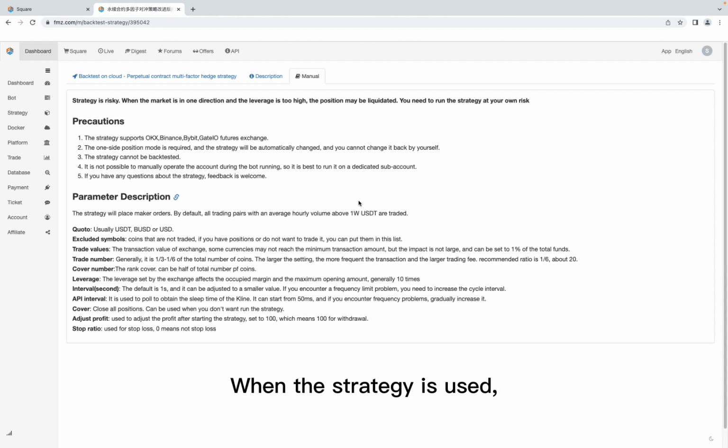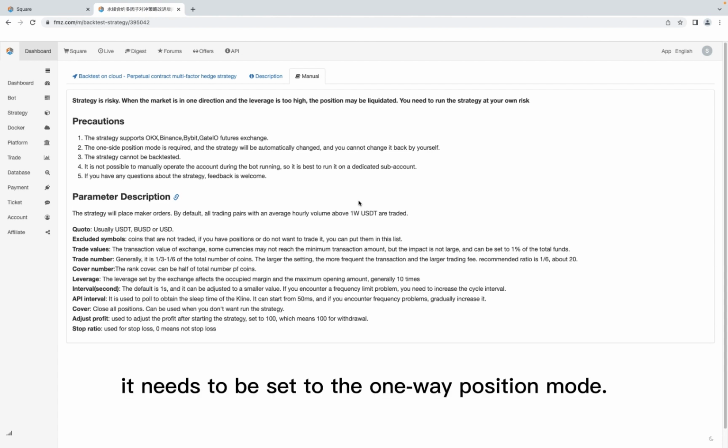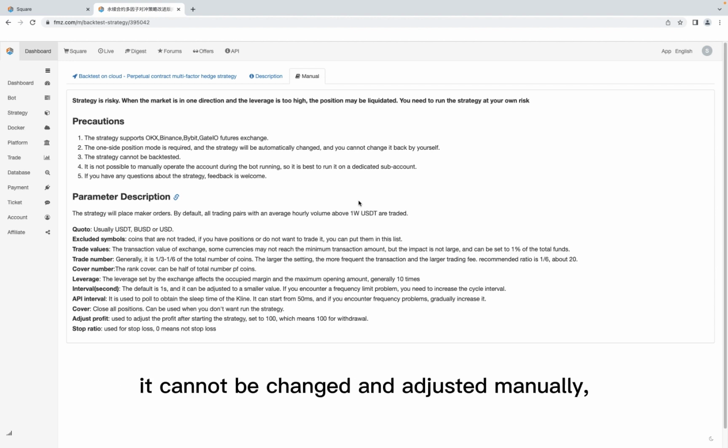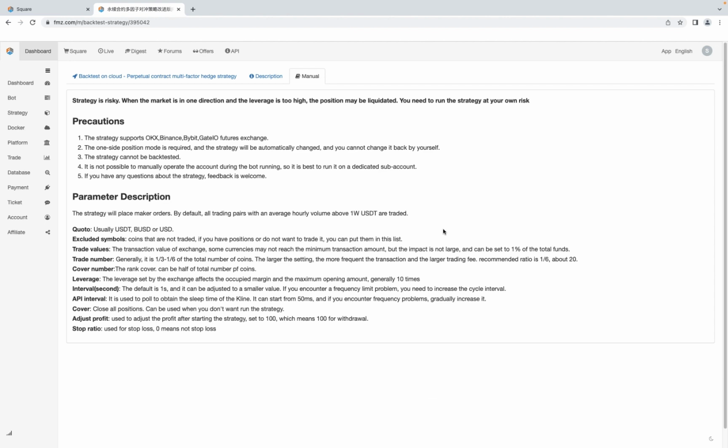When the strategy is used, it needs to be set to the one-way position mode. When it is used, it cannot be changed and adjusted manually. Manual adjustment will affect the operation of the program. When the strategy is running, it will set the position mode to one-way position automatically.